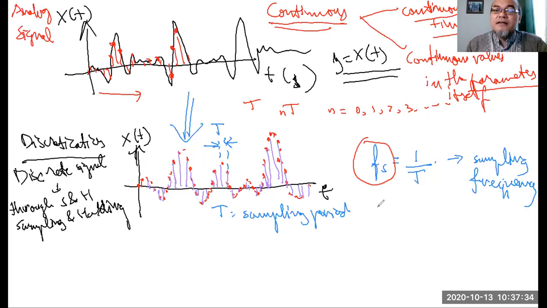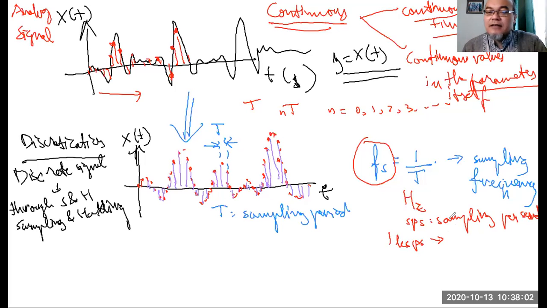It can be expressed in hertz, but people usually in analog digital conversion use a more specific term, samples per second, SPS. So if we have, for example, 1 kSPS, we sample 1,000 times per second.